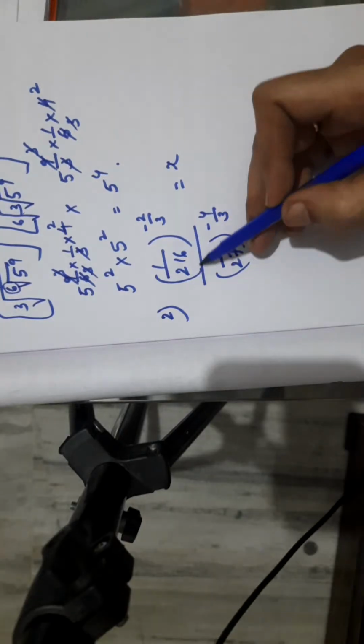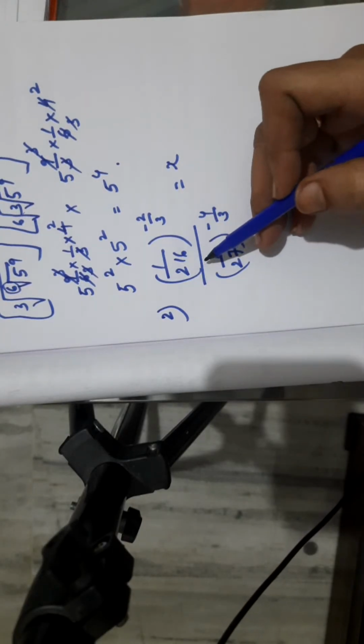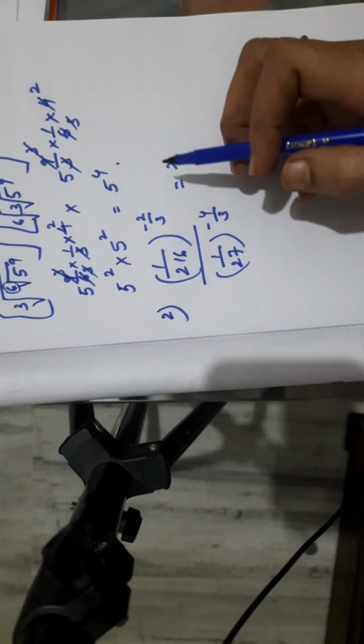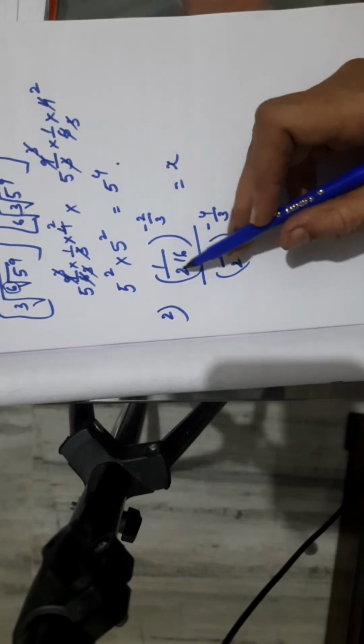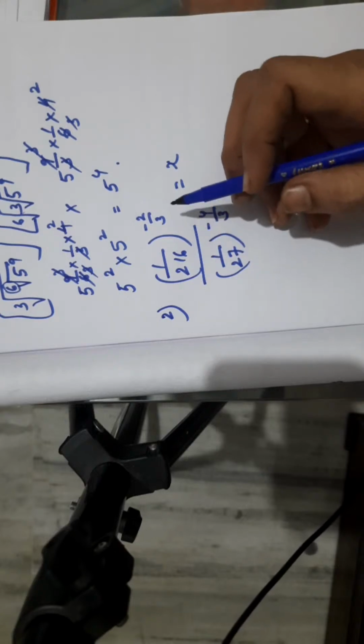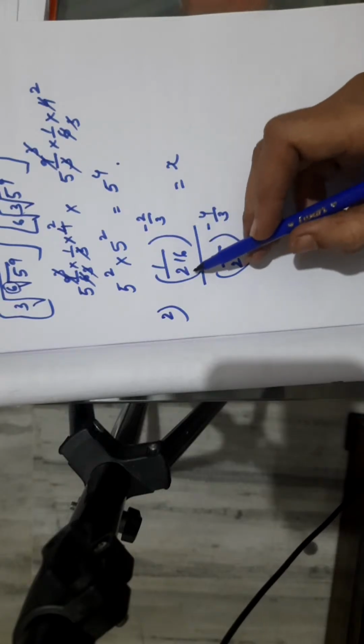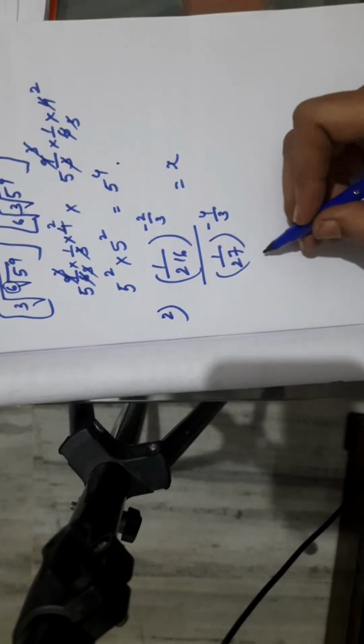First you will be finding the cube root. 216 is the cube of 6. At least up to 20 you must be clear with the numbers. If not, till 10 learn all the square roots and cube roots. Up to 20 square roots and up to 10 cube roots. So 216 is the cube of 6.